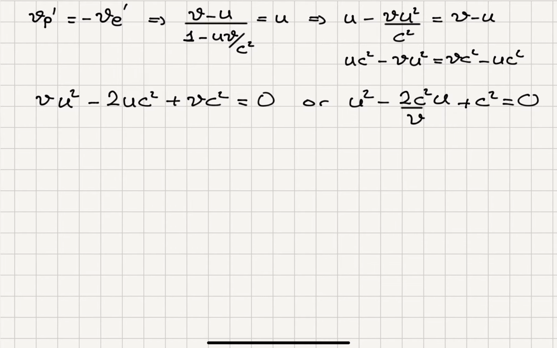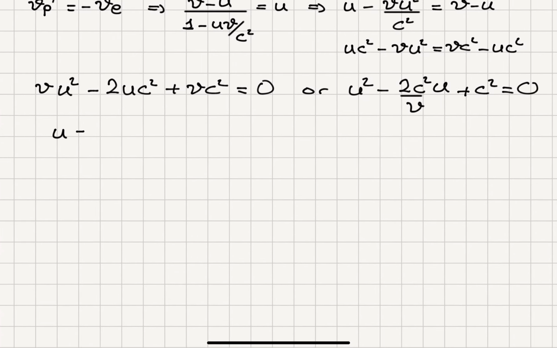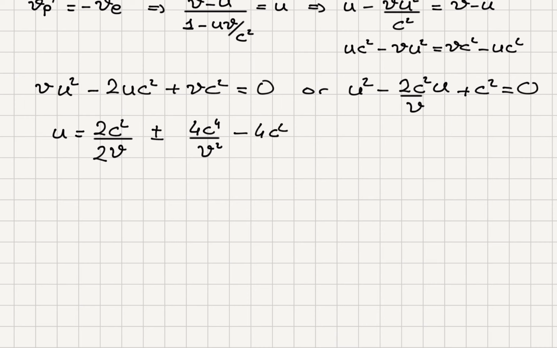Now the solutions will be u is equal to minus b, which is minus of this, so it's 2c squared over v, minus b divided by 2a, so it's divided by 2, and then we have plus or minus square root b squared, 4c to the fourth power over v squared, minus 4ac, 4c squared times 1, so this is going to be minus 4c squared inside the square root over 2a, so that means we have a 1 over 2 here.